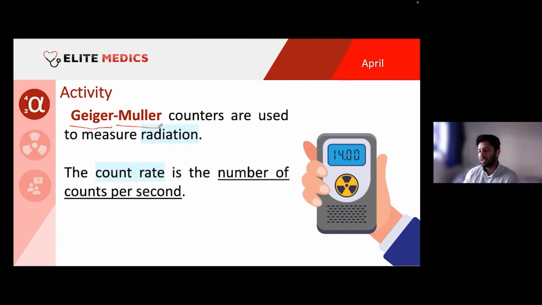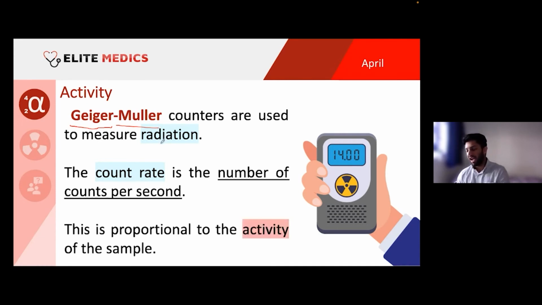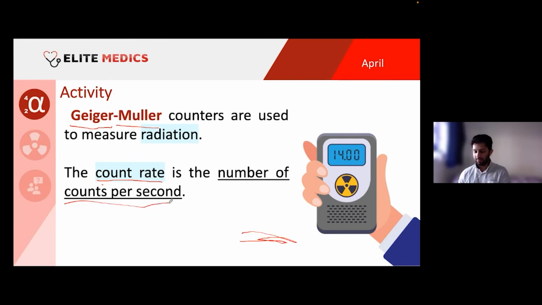Okay, so the count rate is the number of counts per second, and this is proportional to the activity of the sample. The more active a sample is, the higher the count rate. So remember, the Becquerel is a different unit.